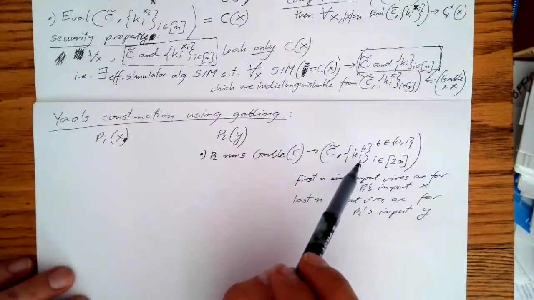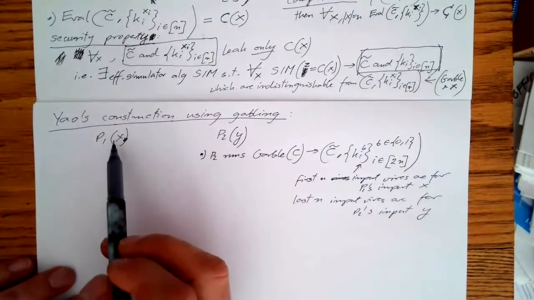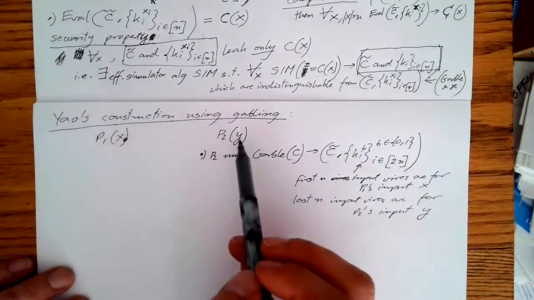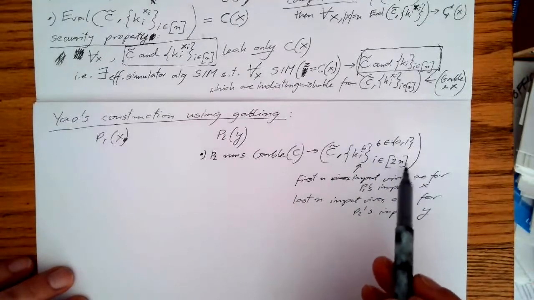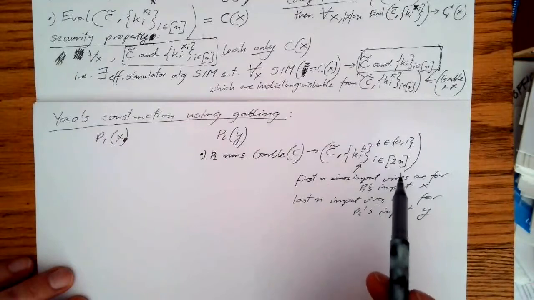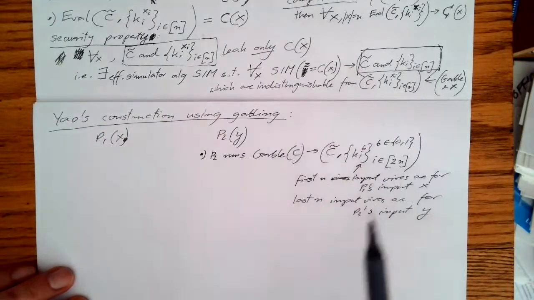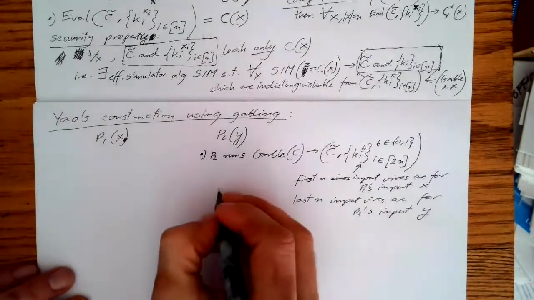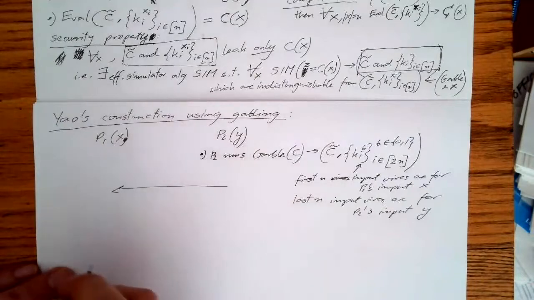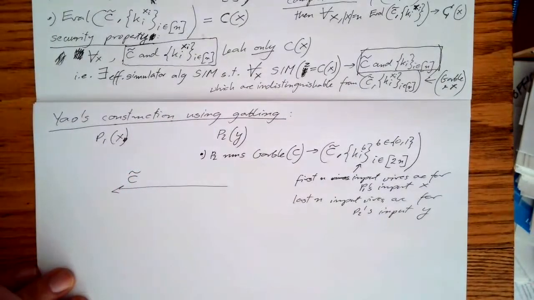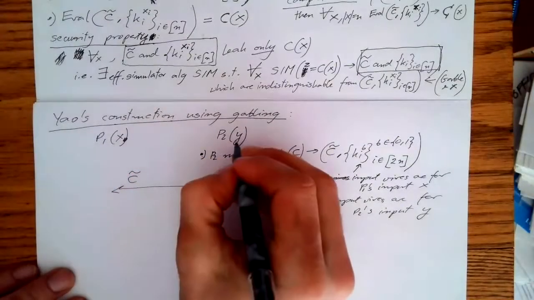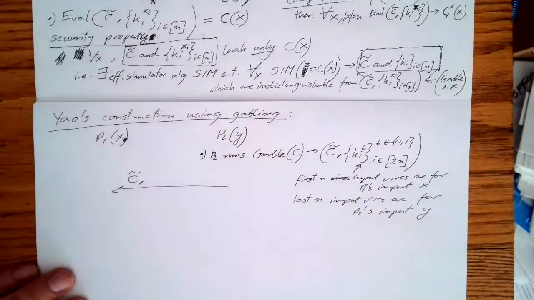But now I need to be cognizant of the fact that some of these inputs belong to P1 and some to P2. First of all, P2 just sends the garbled circuit to P1.